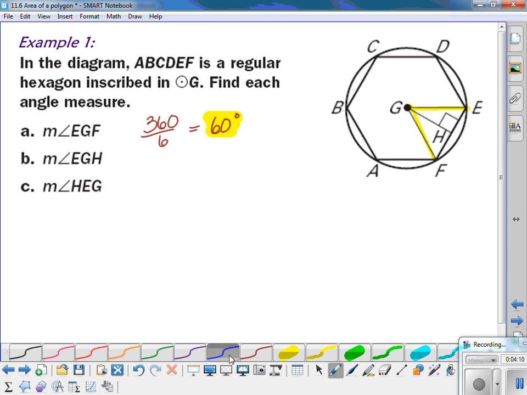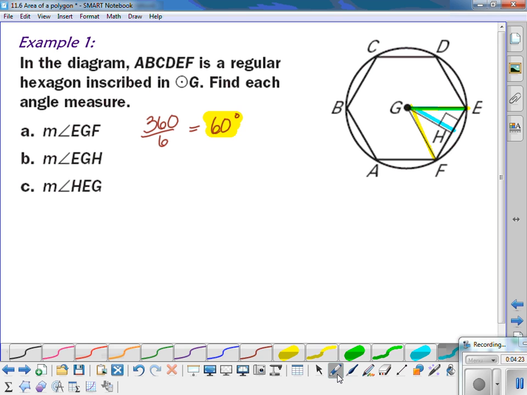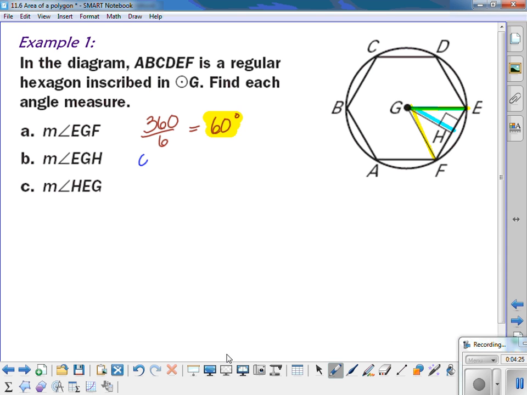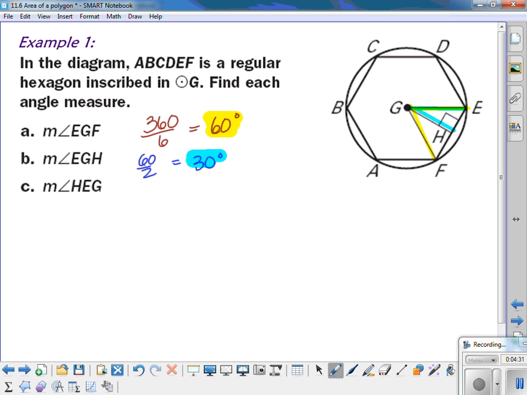All right, next we're going to look at angle EGH. So EGH is this angle. Basically, when I drew the apothem, I cut that central angle in half. So it's just going to be 60 divided by 2, or 30 degrees. So my blue angle is 30 degrees.